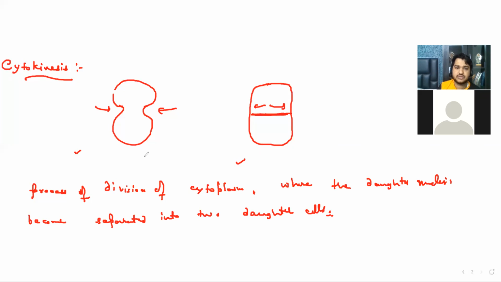This is for the animal cell, and this is basically for the plant cell. So now this was about the complete mitosis.